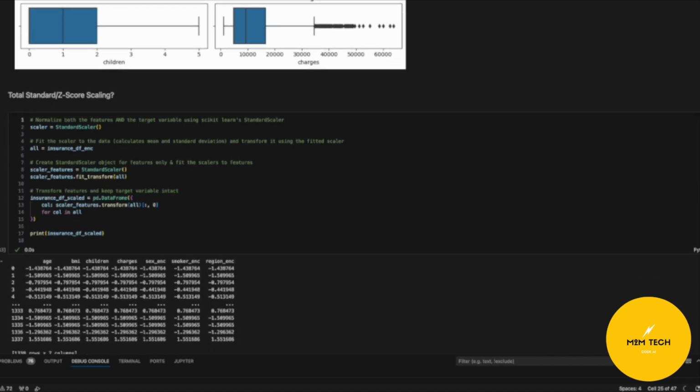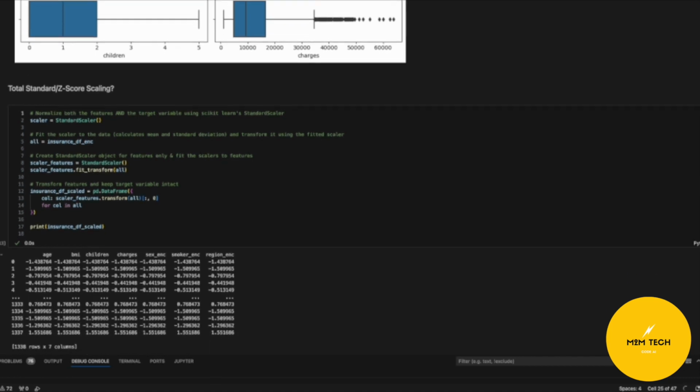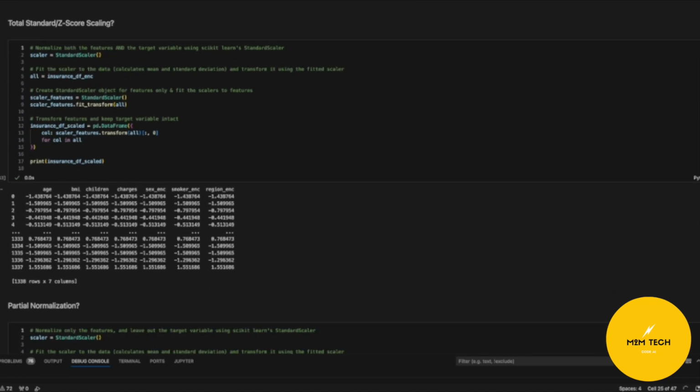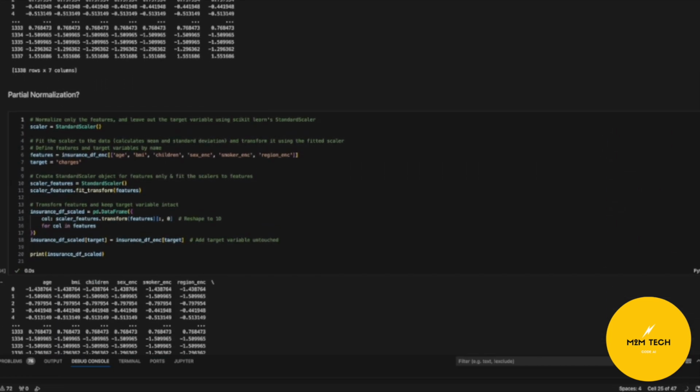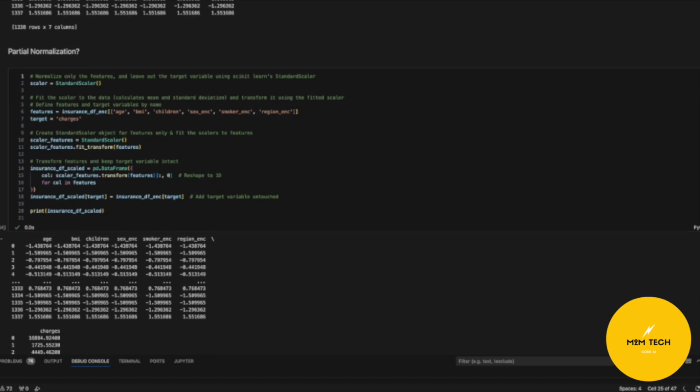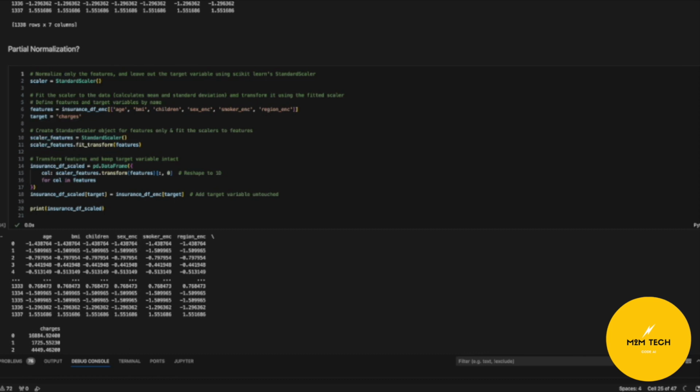First, we tried z-score scaling, standard scaling, which didn't work. I mean, it worked, as in it gave numbers, but it didn't work in the models because it didn't fit. Same with partial normalization, where only the features were normalized and not the target variable. That also didn't work because the target was going to skew all the data.